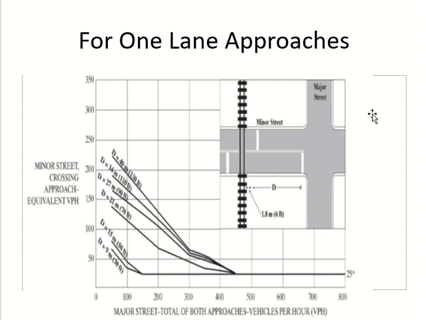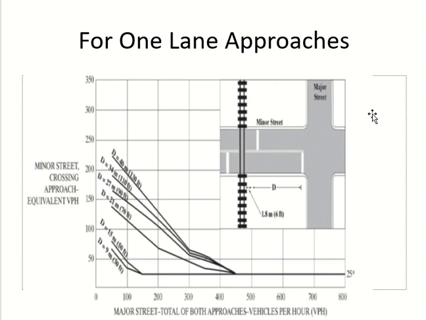So traffic on the minor street here, traffic on the major street here. For the minor street, we will only use one direction flow. For the major street, you will use both directions of flow. So you plot these points and you will see how much is your distance. For example, this D is, let's say, 34 meters.